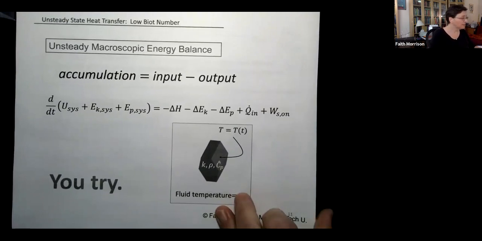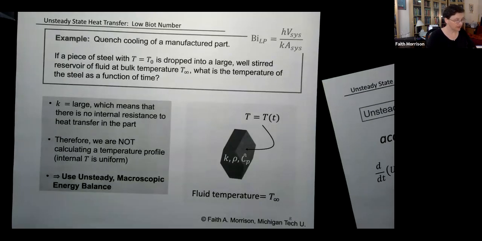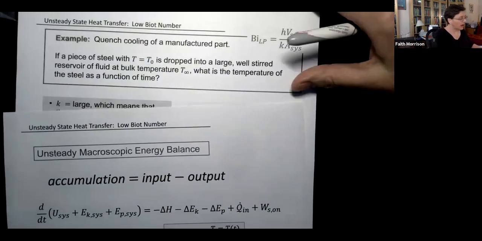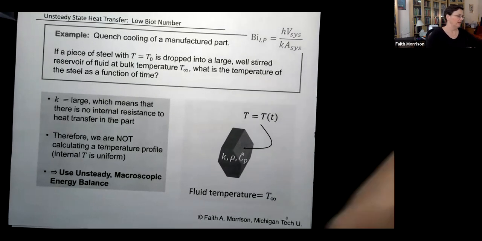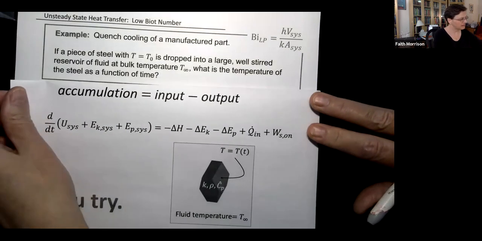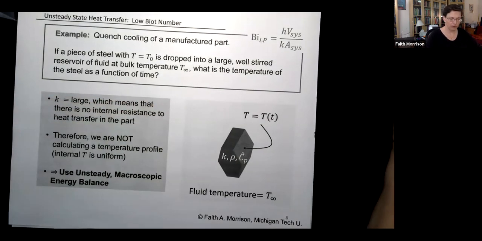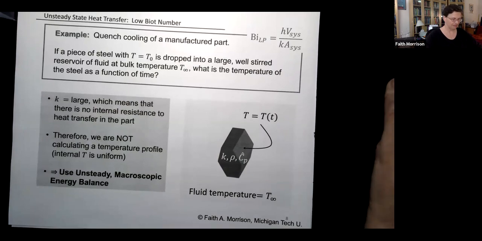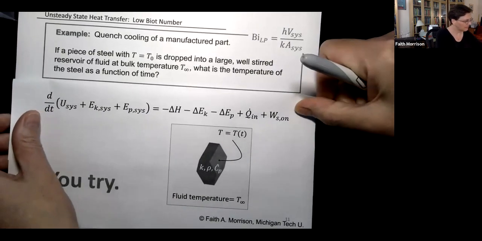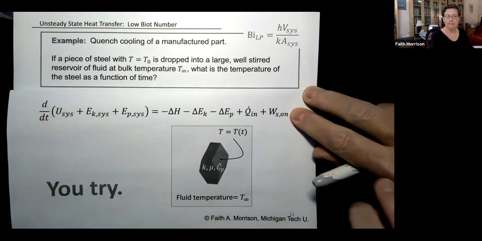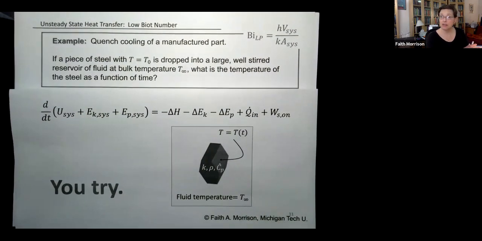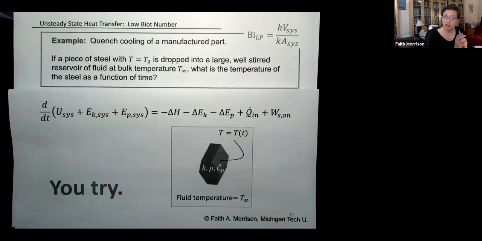So for this problem, how do you suggest we simplify the balance? We're going to pick a macroscopic control volume. It's basically going to enclose the part.